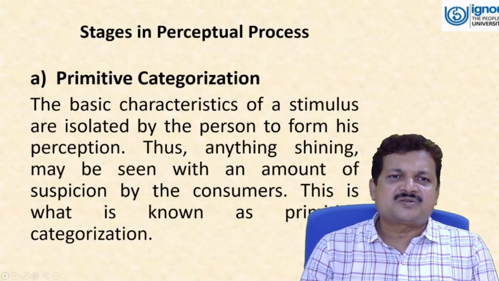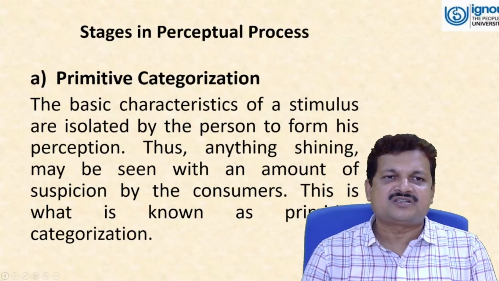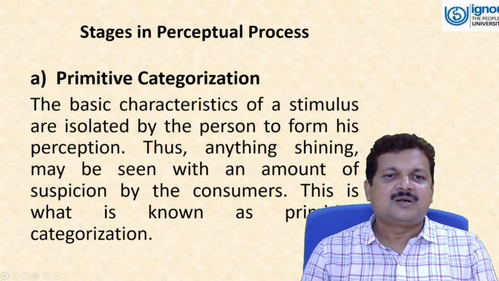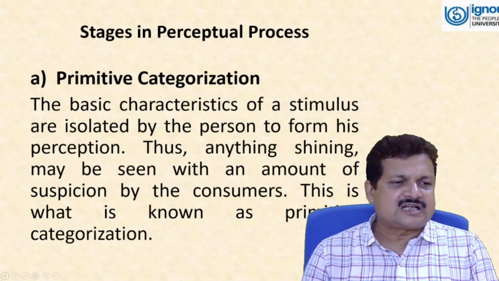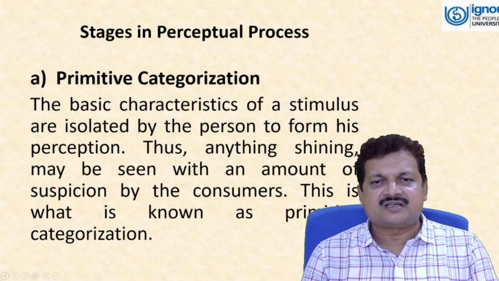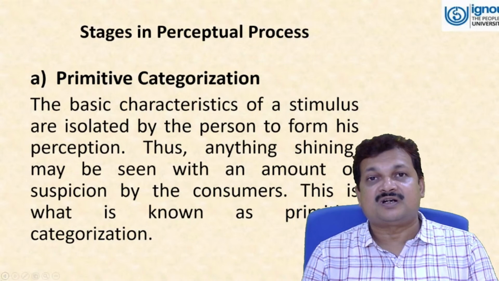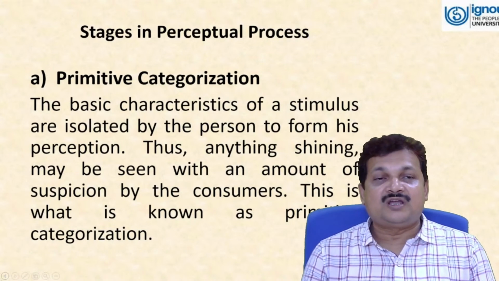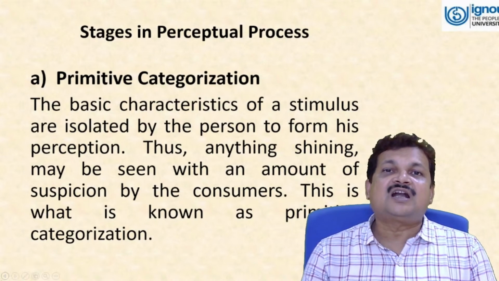The stages in the perception process: first is primitive categorization. The basic characteristics of stimuli are selected by the person to form their perception. From the beginning, just as you grew up from a child, at every stage you get the same information in a different way. The way you interpreted it from the beginning may or may not change.